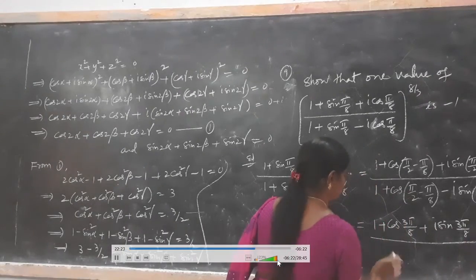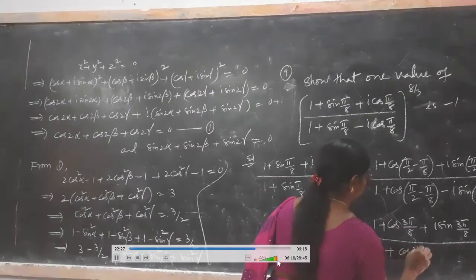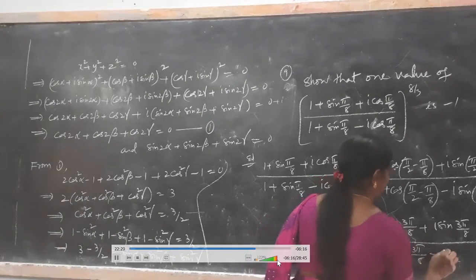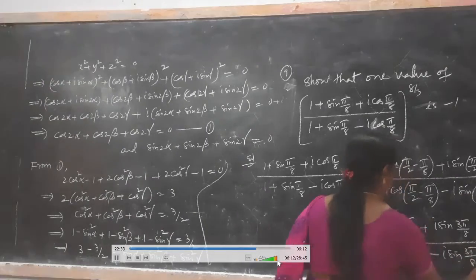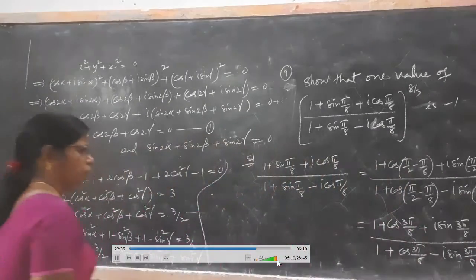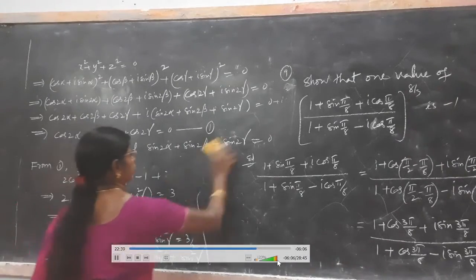By the denominator, this is 1 plus cos 3 pi by 8 minus I sin 3 pi by 8.